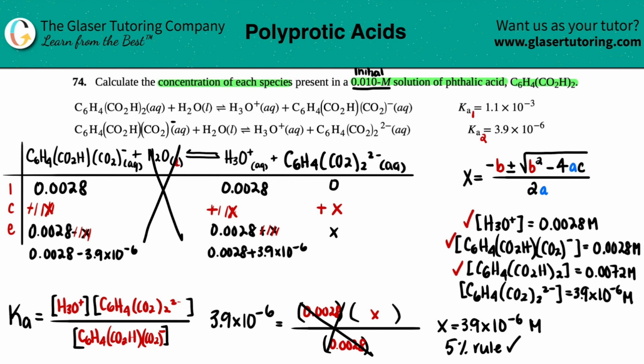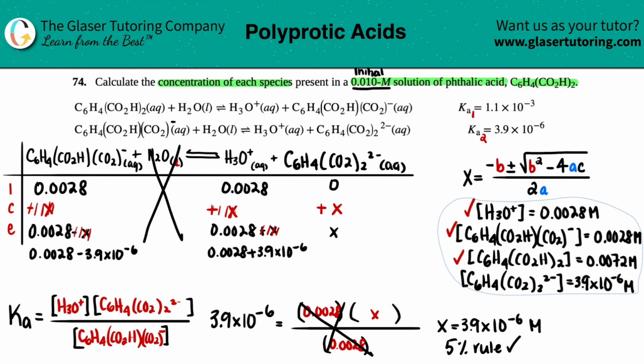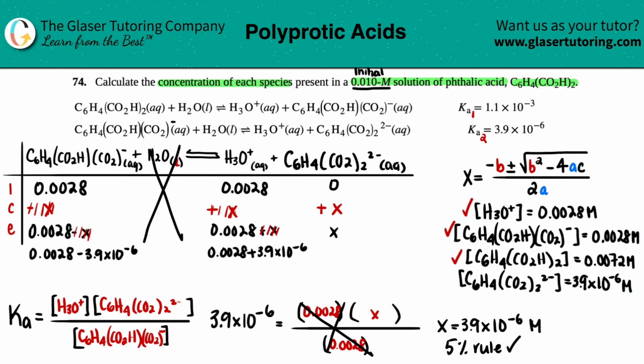Okay, and now there's one thing. Maybe I'll check this one off. Remember, if you have H3O plus concentration, you secretly have OH minus as well. That's the one that, even though it was not found in any of these balanced equations, they still want, because they say calculate the concentration of each species.